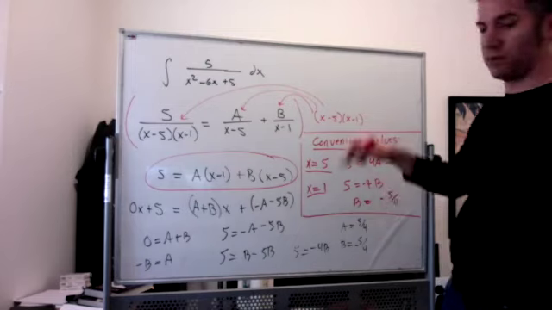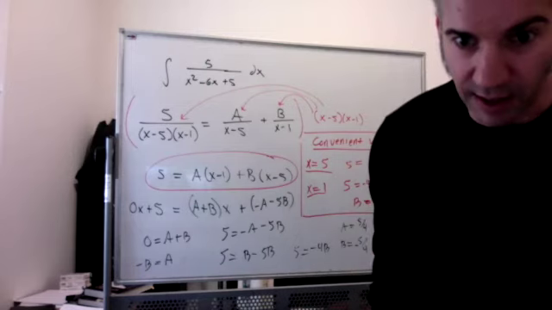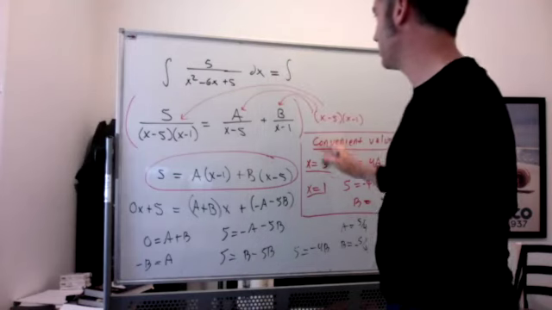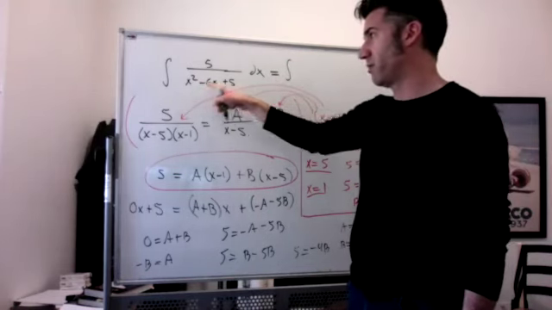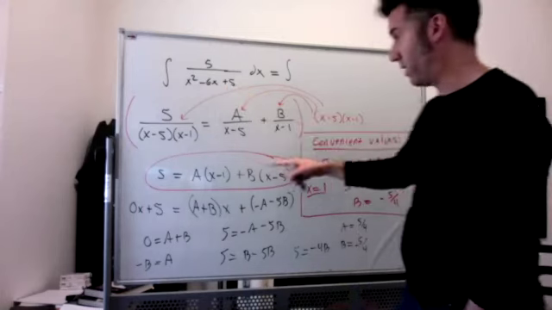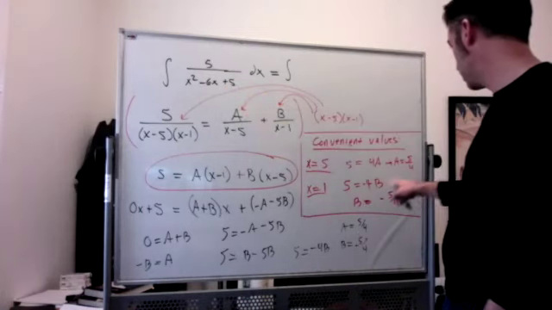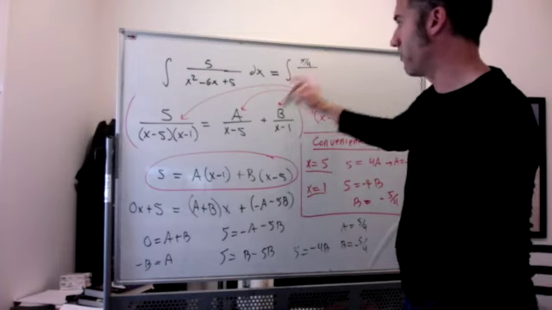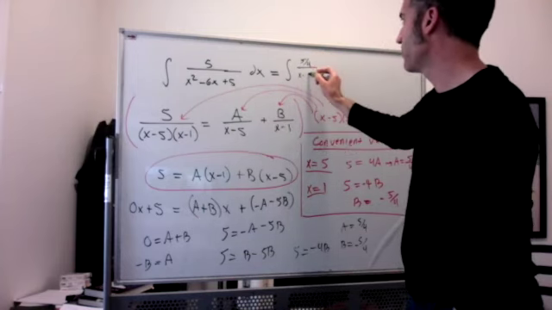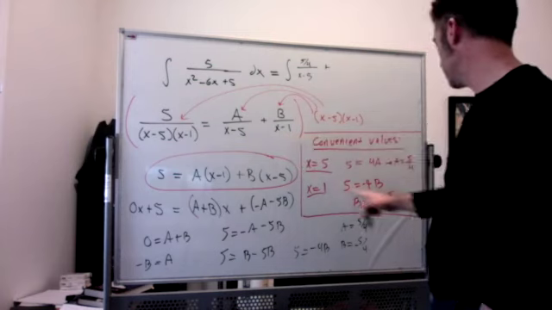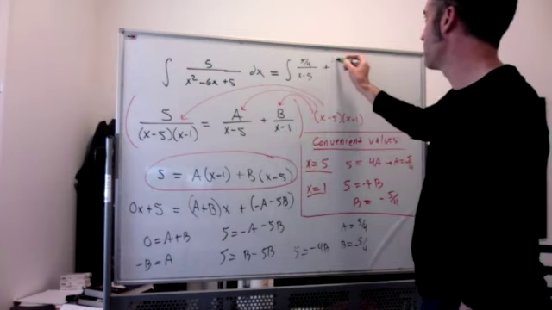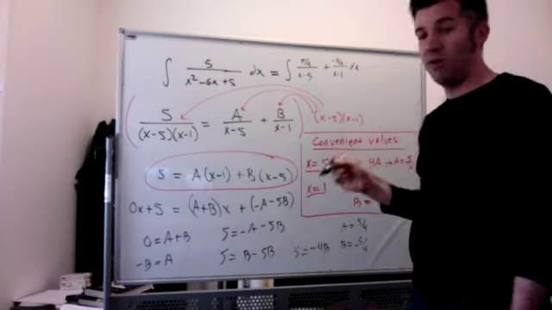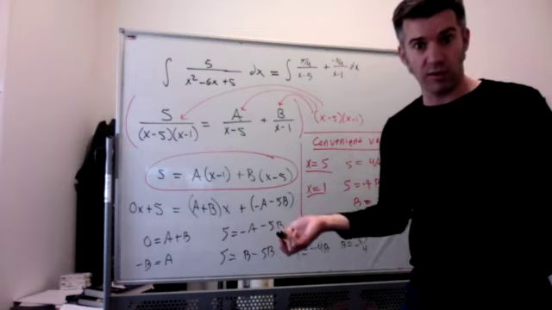So here's the result. We can then integrate this. We can rewrite this integral as, instead of 5 over x squared minus 6x plus 5, we can write it as a, which is positive 5/4 over x minus 5, plus b, which is negative 5/4 over x minus 1. And both of those things are really straightforward to integrate.